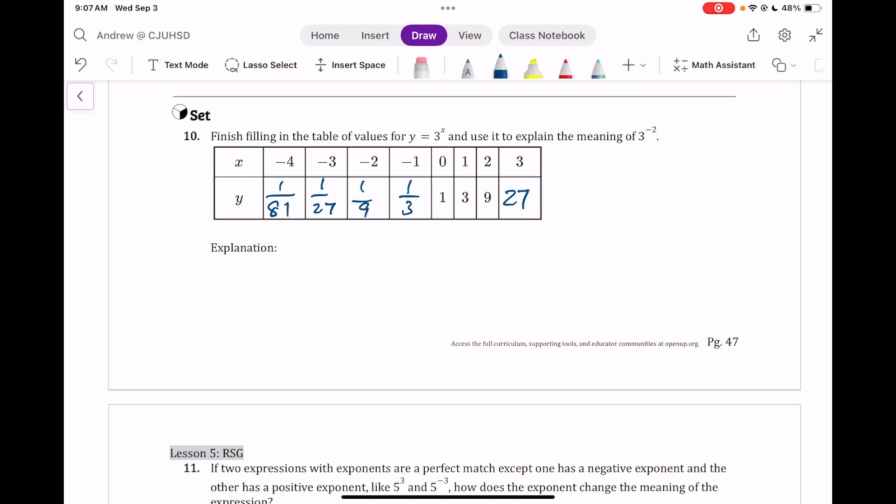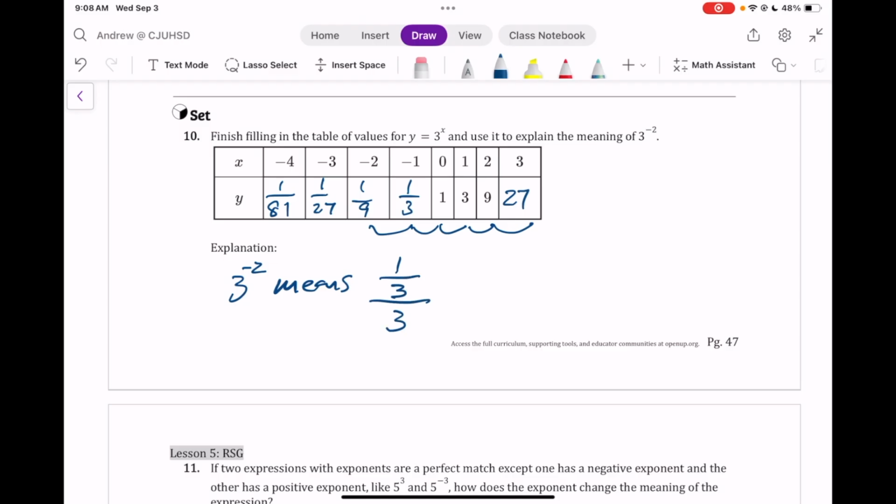Okay, finish and explain the meaning of 3 to the negative 2. Well, one explanation is if we go to the right, we're multiplying. If we go to the left, we're dividing. So 3 to the negative 2 means to take that initial value of 1 and do 1 divided by 3 divided by 3.